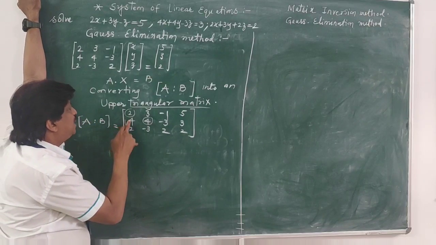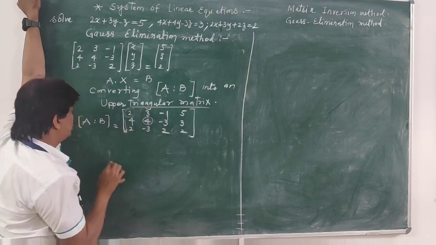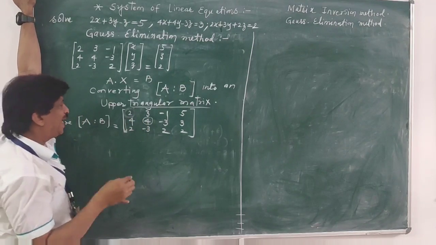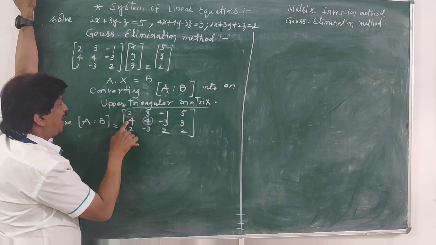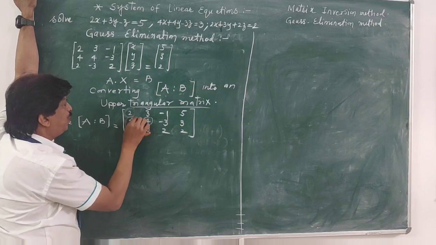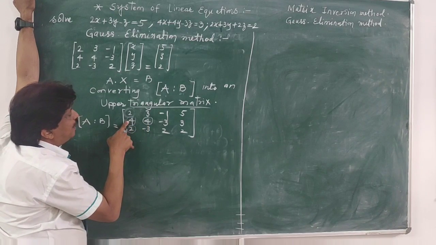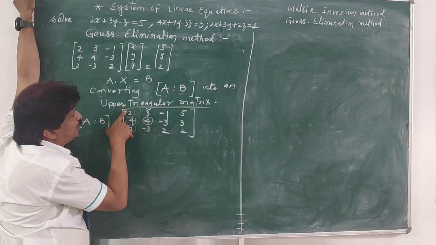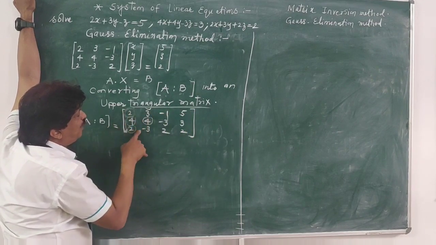So I shall transform this 4 into 0 and this 2 into 0 by row transformation. So first row is 2, 3, minus 1. How shall I transform this 4 into 0 and 2 into 0? Simply I shall subtract 2 times the first row from the second row and the first row from the third row.